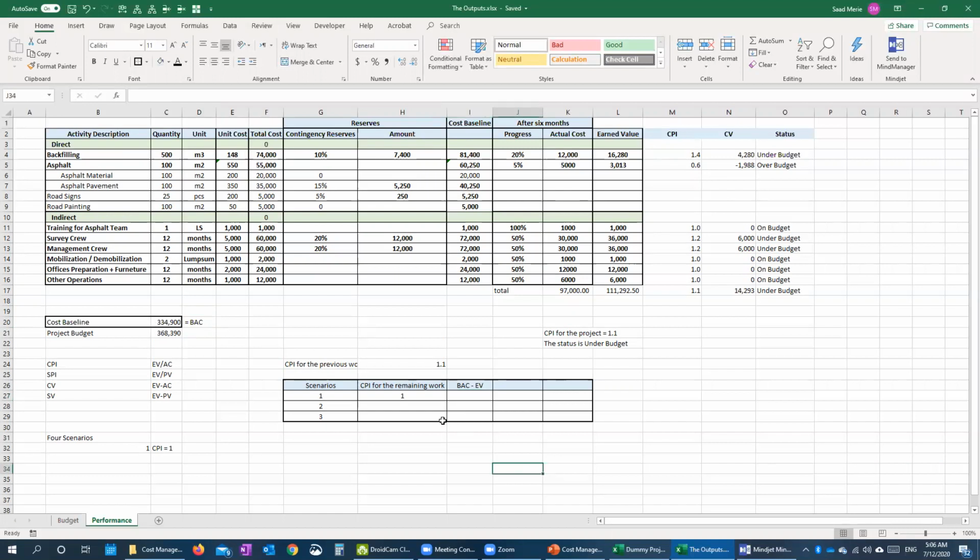Now we will have the budget at complete minus earned value. So this is the budget of the remaining work.